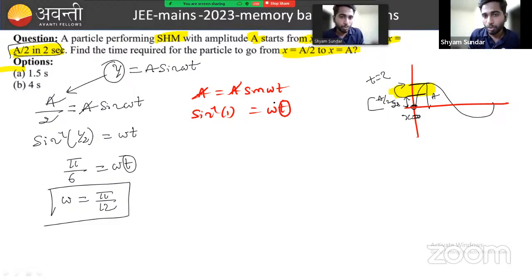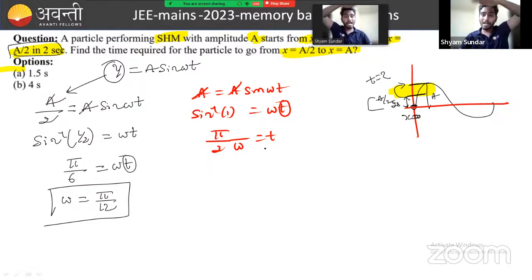Now, what will be the total time it takes from 0 to a? We need to calculate. Take omega to the left hand side. Sine inverse of 1 is nothing but pi by 2. The omega value comes to the denominator. This is the time the particle takes to reach the maximum amplitude.